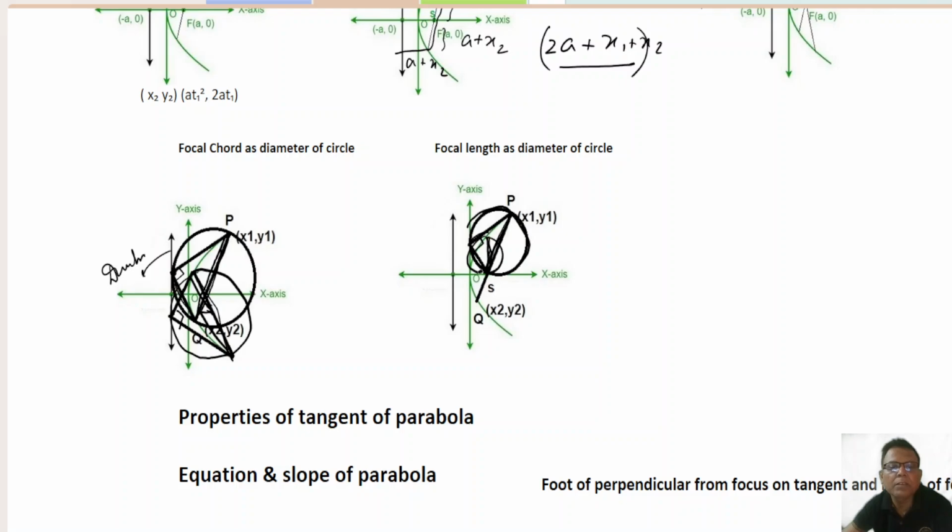Again, this circle will touch the y-axis. So the y-axis is the locus of these points. Now come to the properties of tangent of parabola.